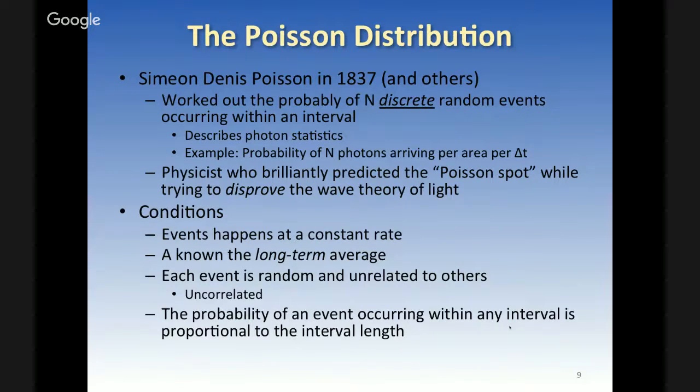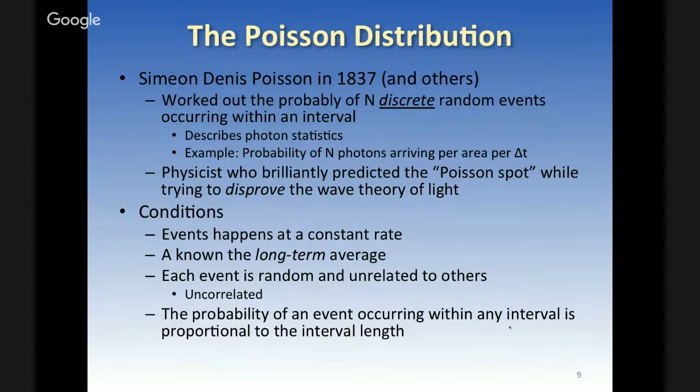And the photons arrive and obey the mathematical relationship developed by Poisson. Simeon Denis Poisson in 1837 developed this, and he worked out the probability of n discrete random events occurring within some interval.